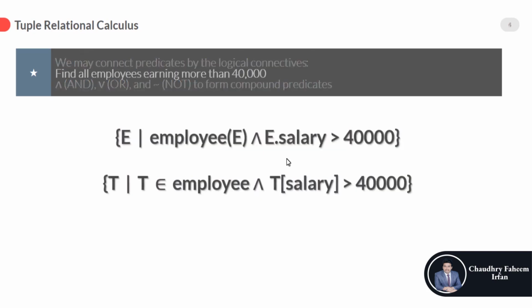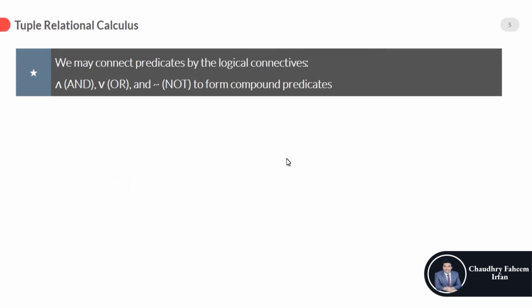In tuple relational calculus, we may connect predicates by the logical connectives. This symbol is AND, this symbol is OR, and tilde is for not, to form compound predicates.